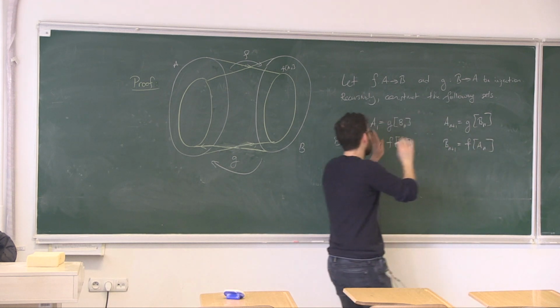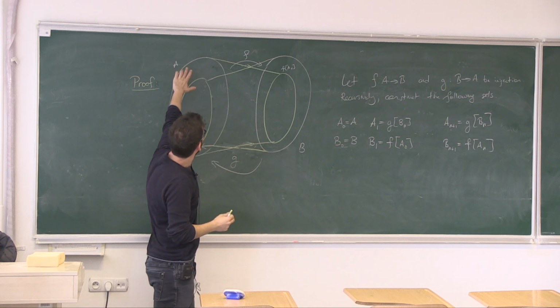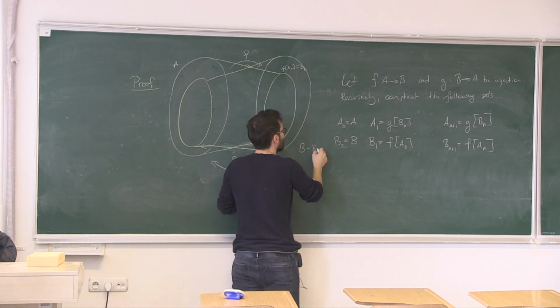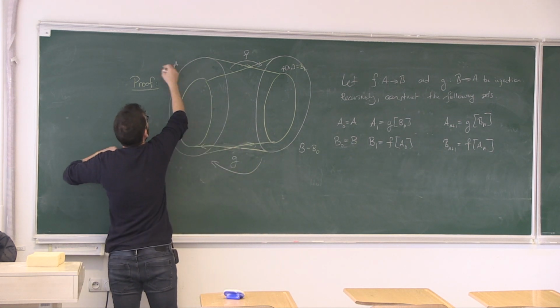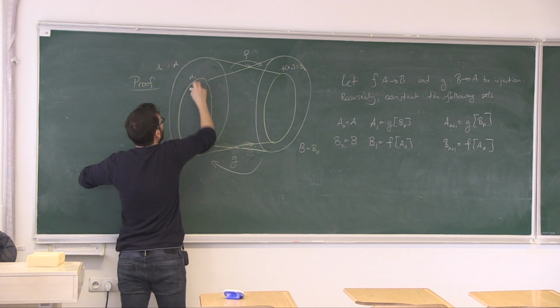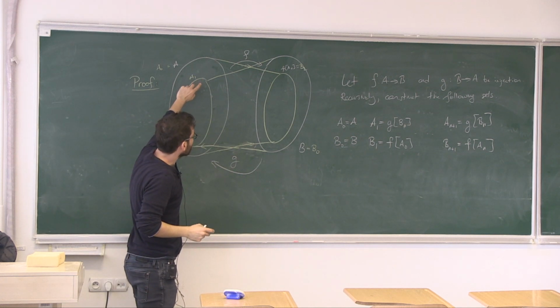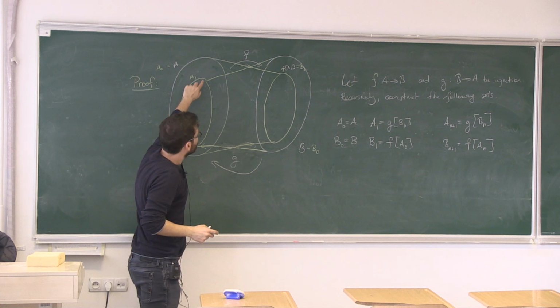So, what I'm doing is the following. I apply F to A0. This becomes B1. This was B0, this was B1. And this was A0, and this was A1. Now, I'm going to apply F to this guy again.